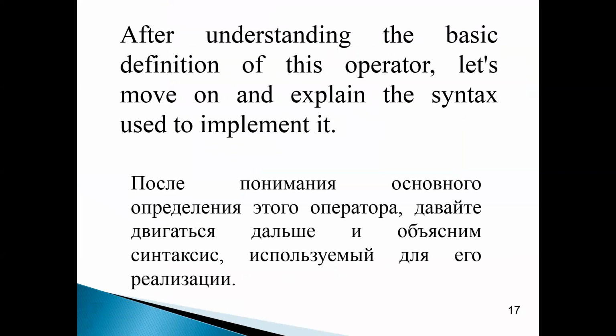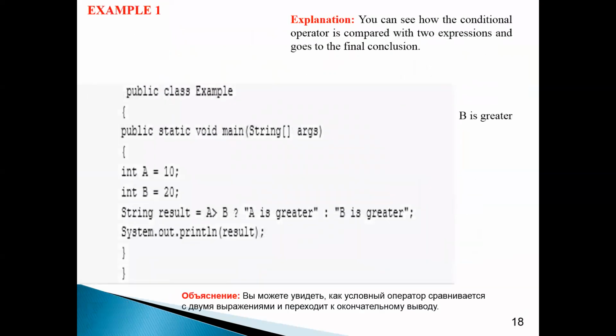After understanding the basic definition of this operator, let's move on and explain the syntax used to implement it. For example number 1, please look at this programming code carefully.